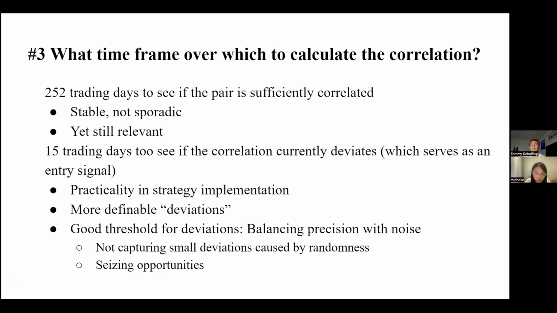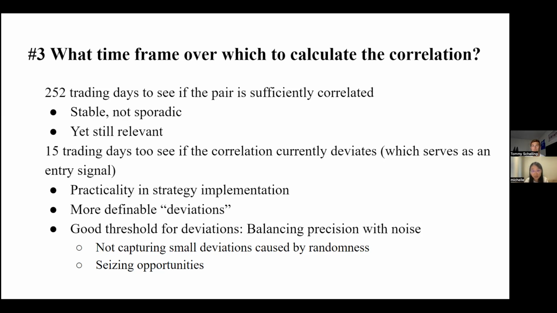And we calculate the 15 trading days correlation to see if the correlation actually deviates. We pick the lens because we can see a rather clear difference between what counts as a usual scenario and what counts as a deviation from the high correlation, as suggested by a plot that Tommy will show later.